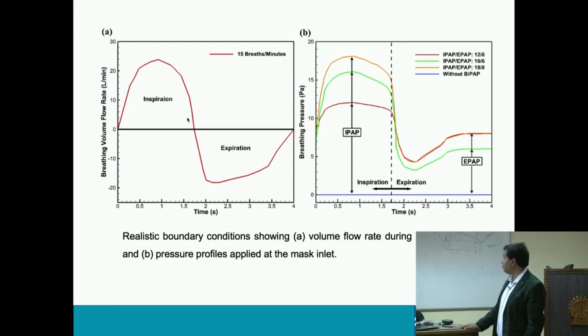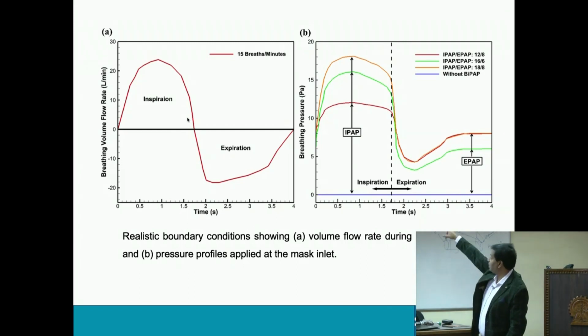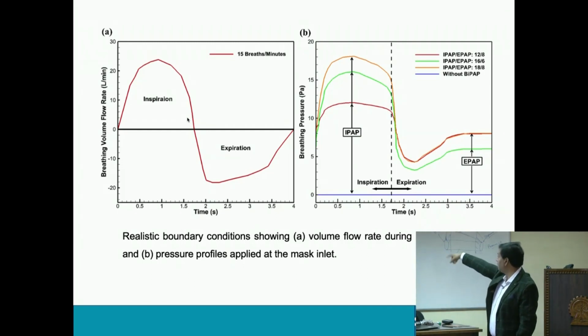IPAP is the inhalation positive airway pressure, and EPAP means exhalation positive airway pressure. So the maximum IPAP by the maximum EPAP. This is the way it is normally written on the machine: 12 by 8, 16 by 6, 18 by 8. 12 means the maximum IPAP, 8 means the maximum EPAP. So this is the configuration.